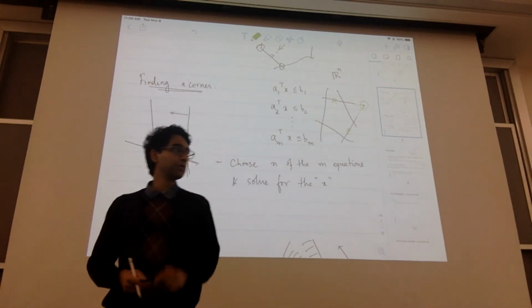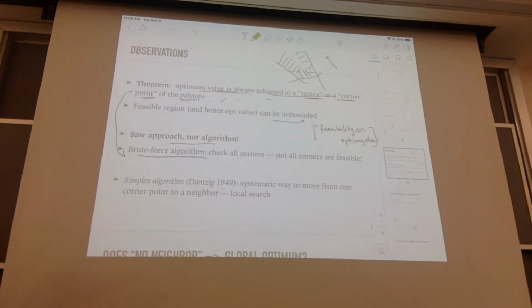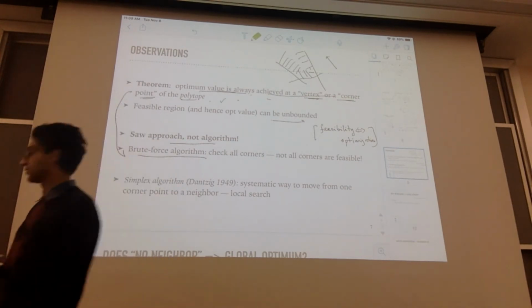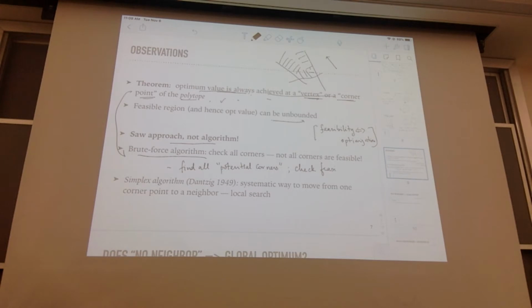So when you're trying to come up with an algorithm, you should make sure that the point you found is also feasible. So one simple algorithm would be: find all potential corners, check feasibility, and then find the minimum value.